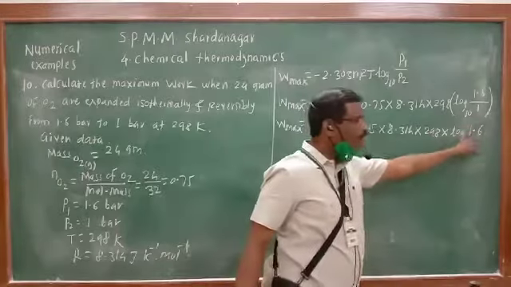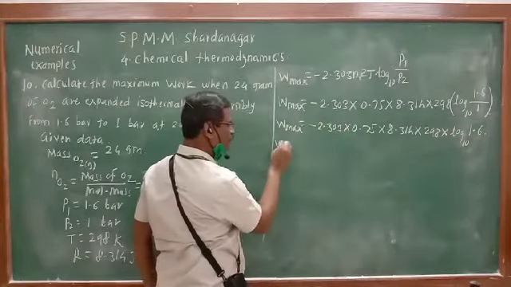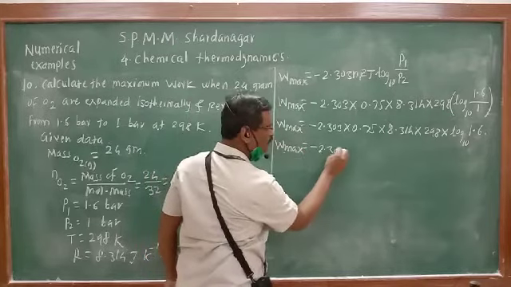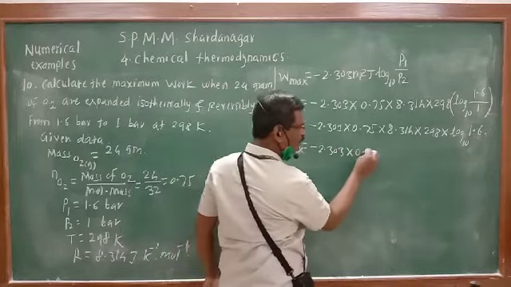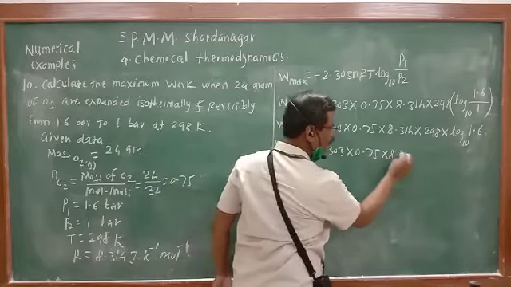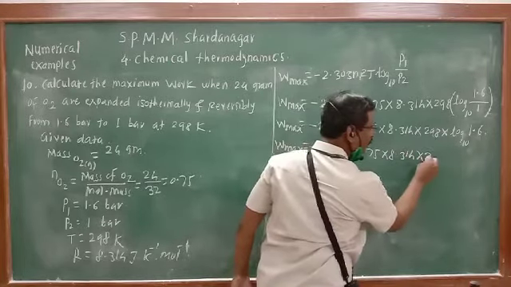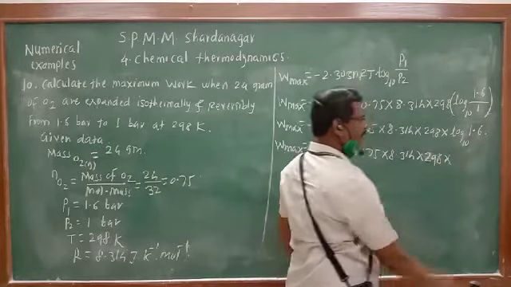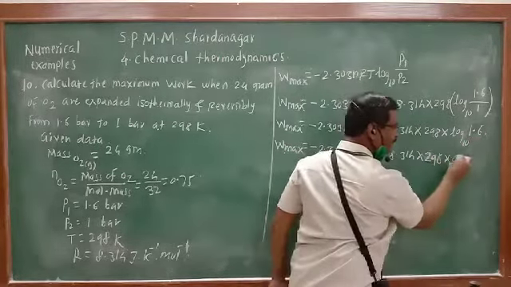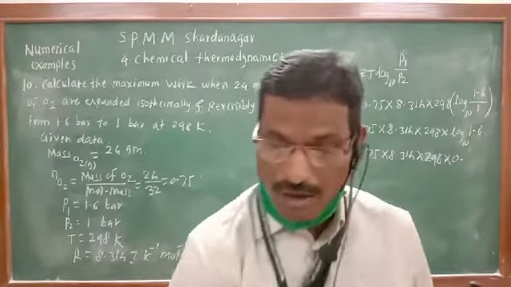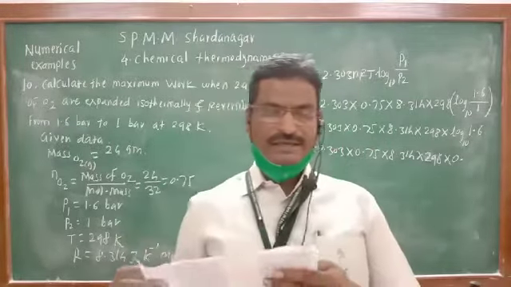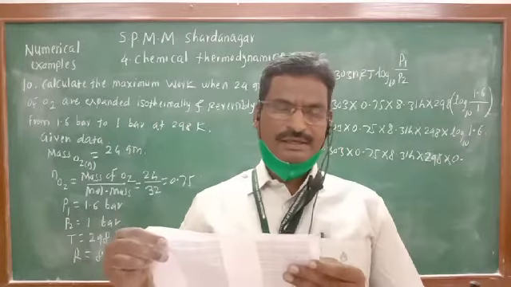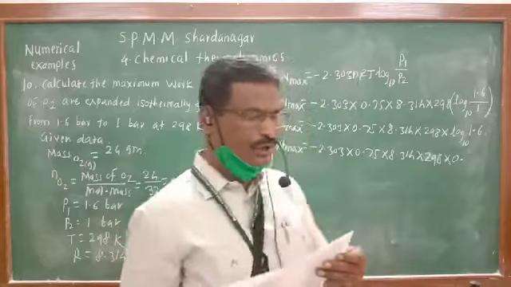So see the log of 1.6. Therefore we have the equation W max is equal to minus 2.303 into 0.75 into 8.314 into 298 multiplied by log of this term, the characteristic is 0 and the log of 16 is 0.2041.